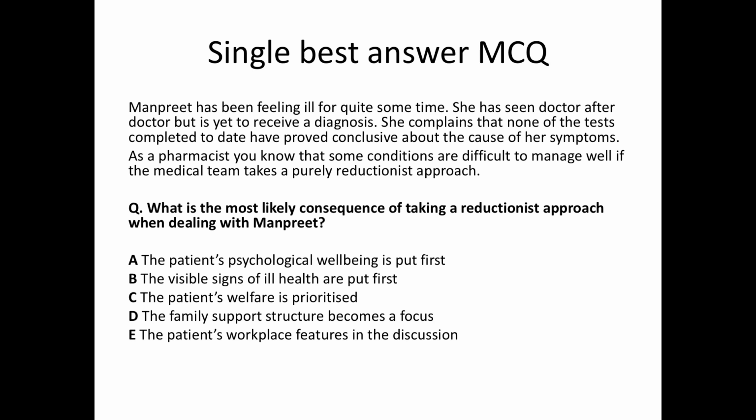This isn't saying that the other things are neglected, but it's saying that under this approach, it is in fact this search for the diagnostic features of her condition that has been put first.